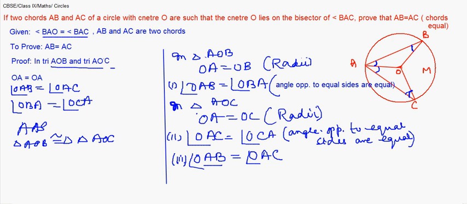Once we prove the congruency of these two triangles, by CPCT we can say AB is equal to AC. This is by CPCT. That's what we were supposed to prove, and therefore AB and AC are two equal chords. Thank you.